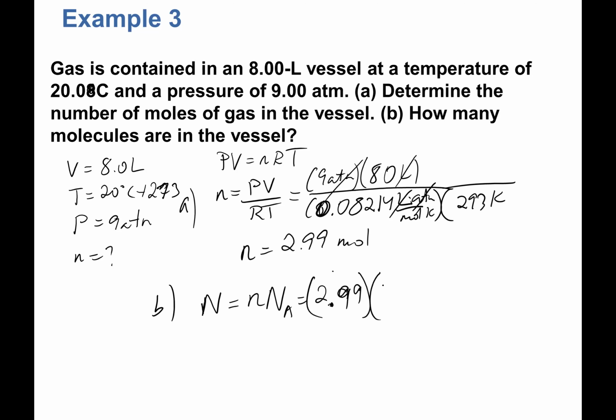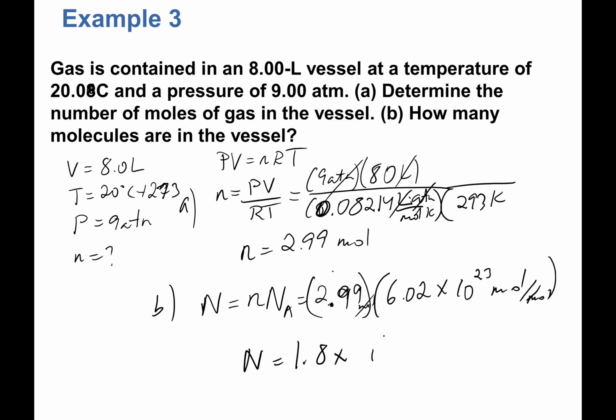That is 2.99 times 6.022 times 10 to the 23 molecules per mole. Remember, this is per mole, so the moles cancel out. That means the number of molecules that we have here is 1.8 times 10 to the 24.